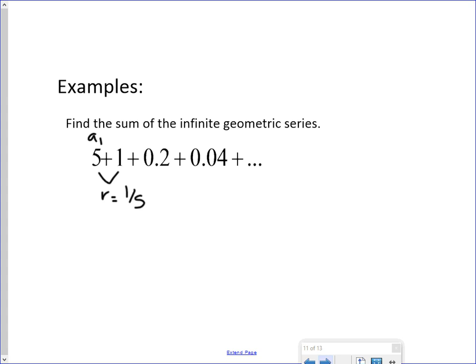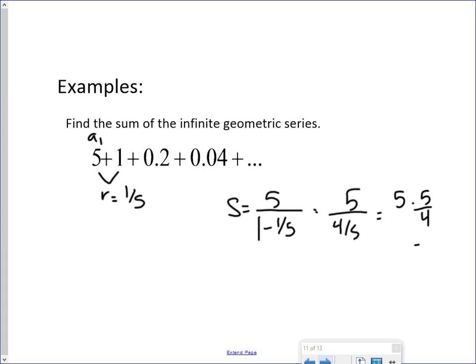And that's all I need. S equals 5 divided by 1 minus 1/5. That's 5 divided by 4/5. And dividing by a fraction is multiplying by its reciprocal. So when I add up all these terms, they're going to be approaching 25 over 4, or 6.25.